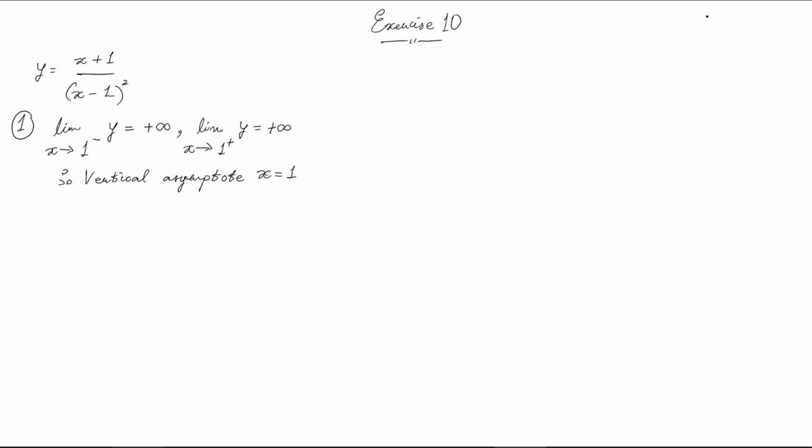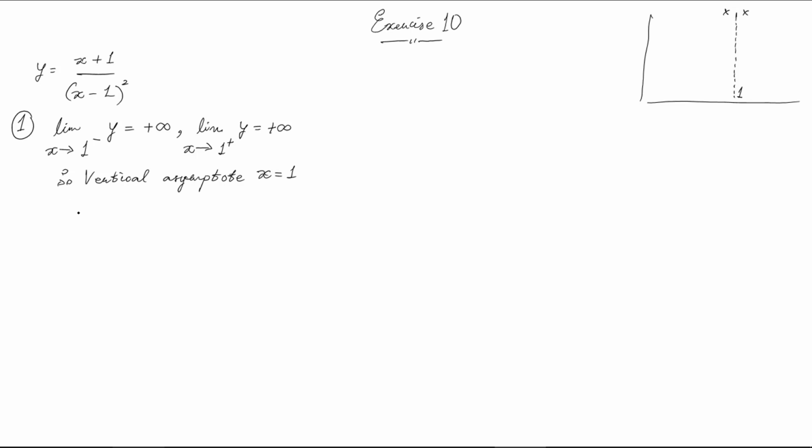So if we put a tracker up here to track our progress, we already have one vertical asymptote and the value is 1. For the left of it, it's going to be positive infinity. From the right side, it's going to be positive infinity as well. So it goes to show that the curve might move something like this, and from the right, it goes towards up like this too.